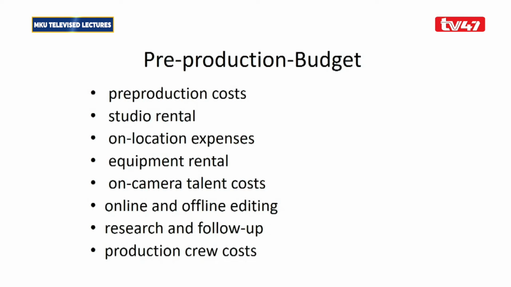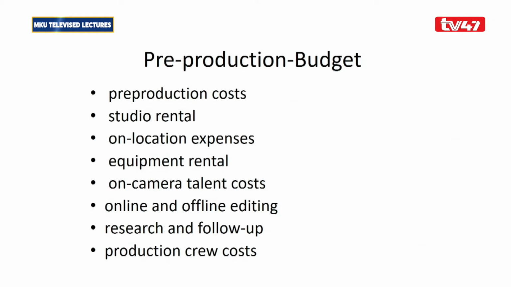1, the pre-production cost. Now, although we are going to see other parts that are part of the pre-production stage, one of the things that you'll be doing at the pre-production stage is coming up with the script.